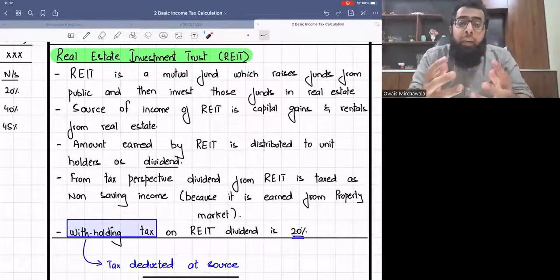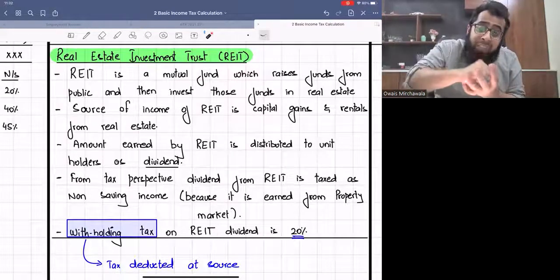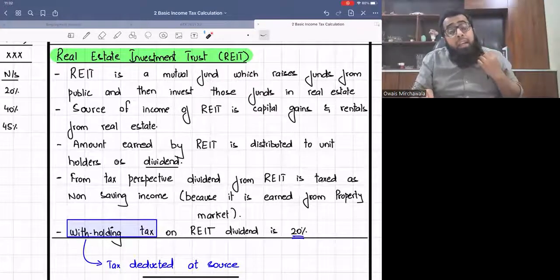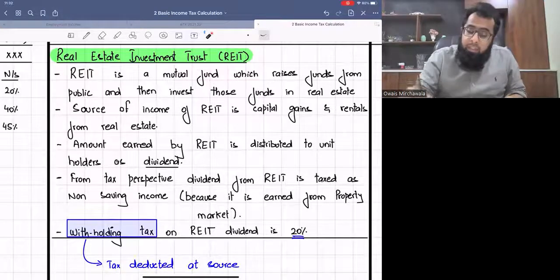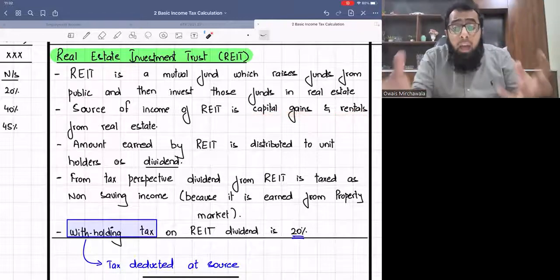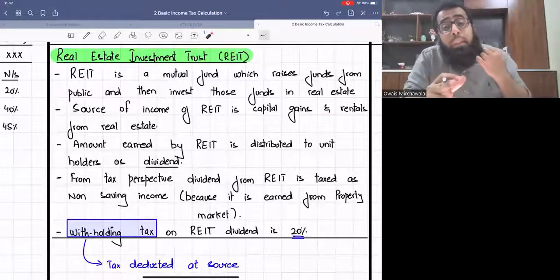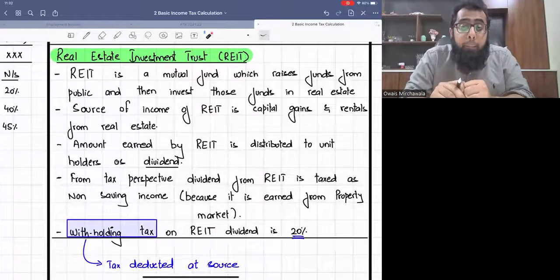They gather up a fund, and then invest that money in the property market, and they earn the rentals and the capital gains. The amount they have earned, they distribute to the unit holders in the form of dividend.